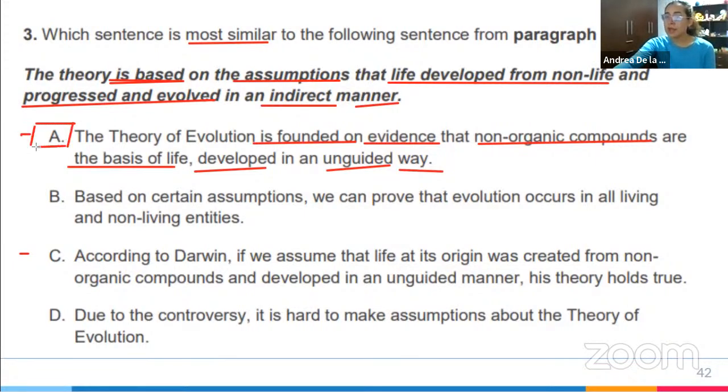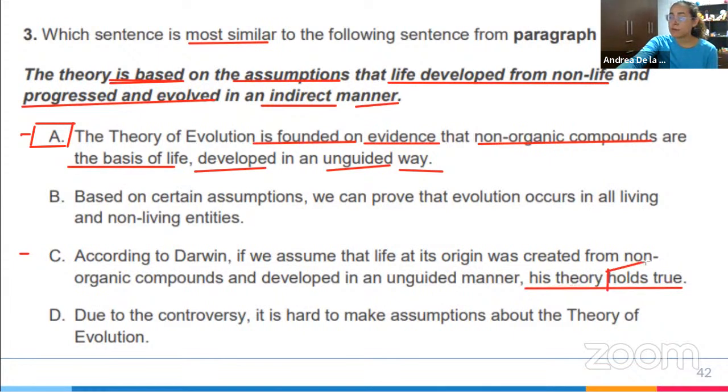Now, option C, I can totally see why some of you could think that option C was the correct one. It makes sense. But the approach of the sentence is different. The idea of the sentence is different. Option C is not trying to explain what the theory is based on. Option C is trying to show in which cases, under what condition, Charles Darwin's theory would hold true.